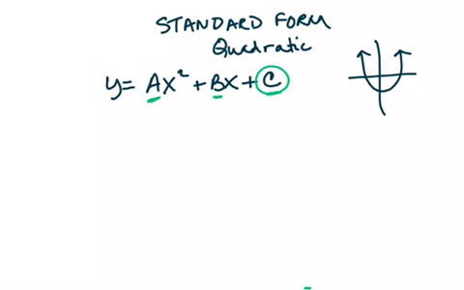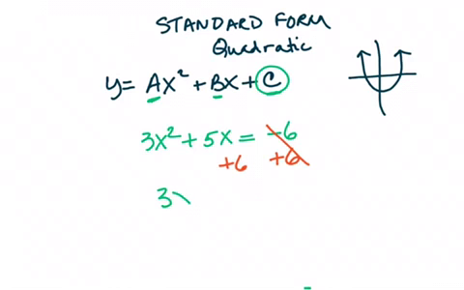So let's just say we have 3x squared plus 5x equals -6, and somebody says, put that in standard form. Well, all you need to do is pull over the 6 on both sides, and now we have 3x squared plus 5x plus 6.